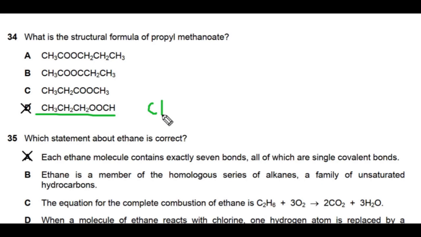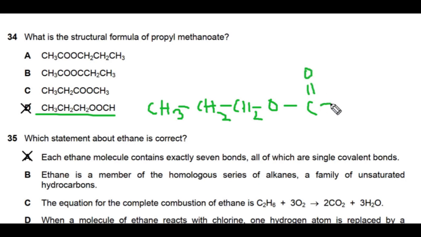If you draw the structural formula, you will get CH3 CH2 CH2 O CO H. So here this is the star functional group.